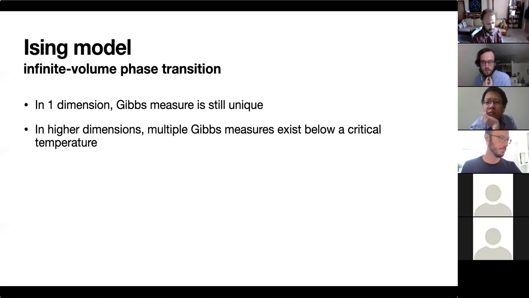And so what you expect in a finite system is that the free energy will have a sharp change with respect to temperature. So it'll have a sharp derivative, perhaps. It'll still be smooth, but it'll have a sharp derivative, which in the limit becomes non-analytic.